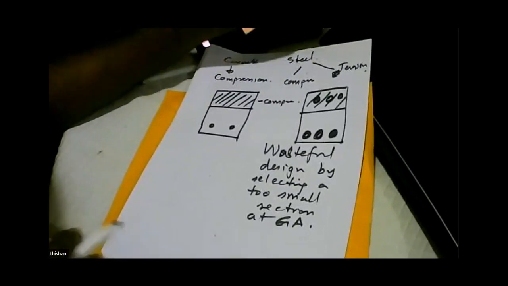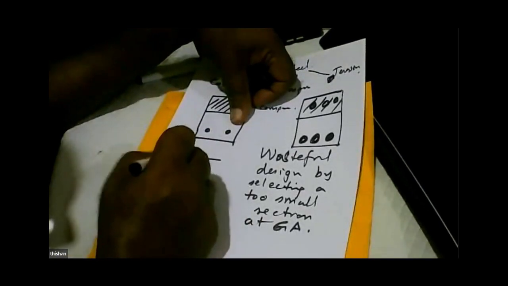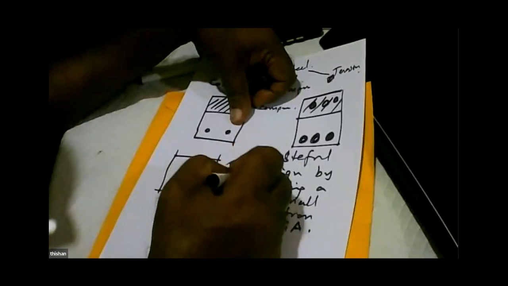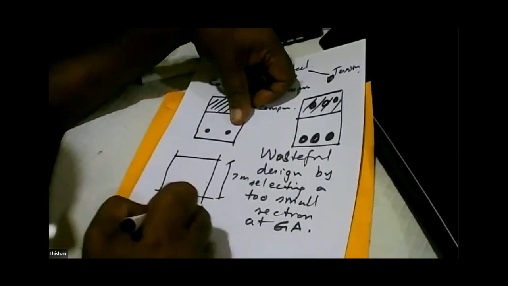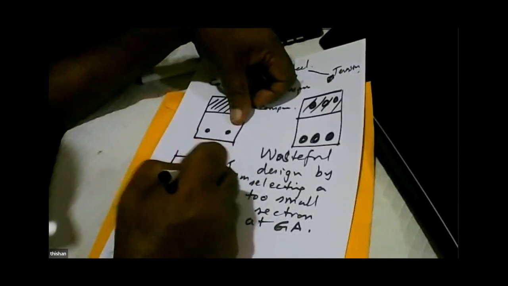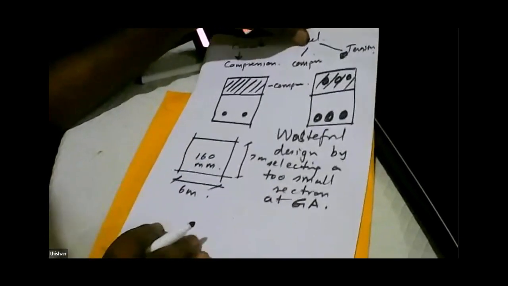So how do you do the selection? Okay, when you do a design, let's say this is the grid, this way 7 meters, this way 6 meters. So we are going to use a slab of 160 millimeter. Now again you will ask, why is 160 an odd number?